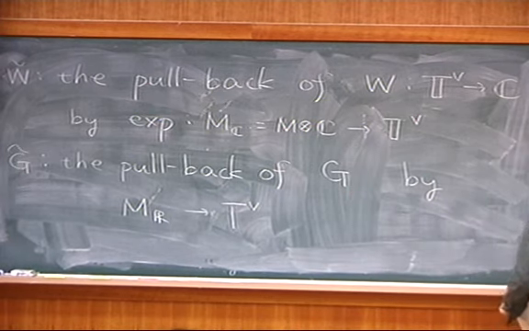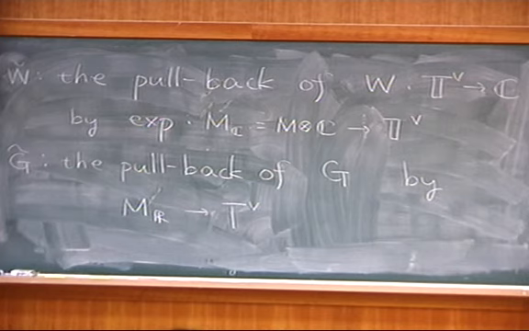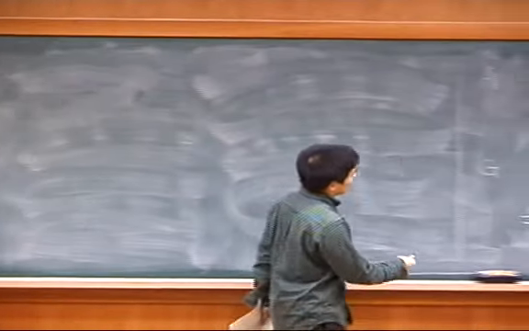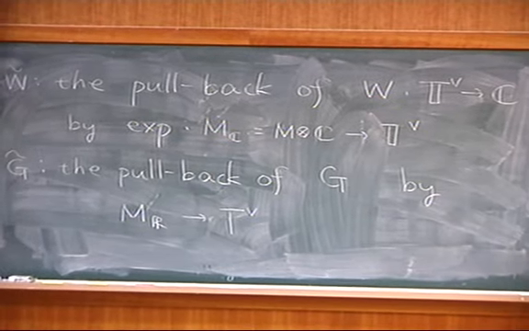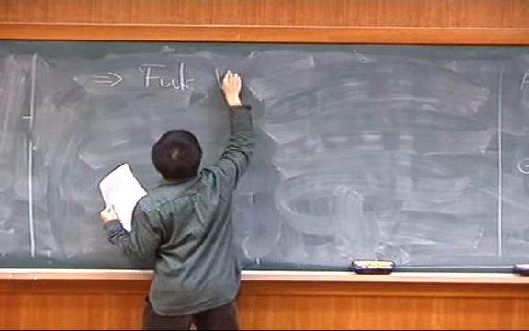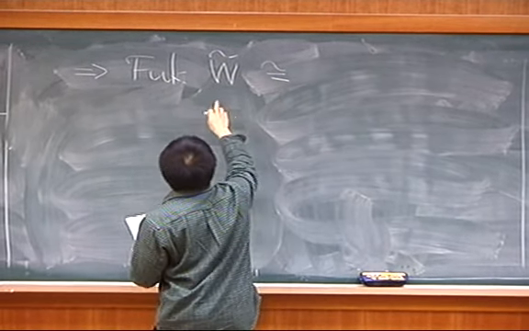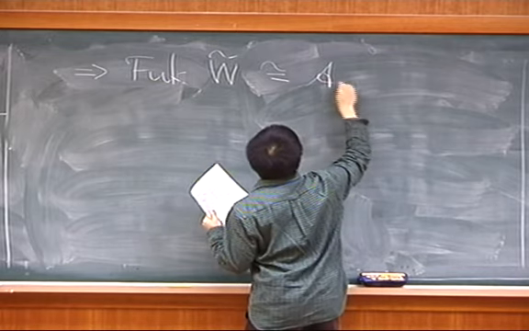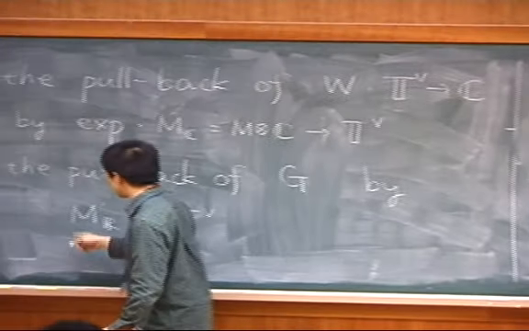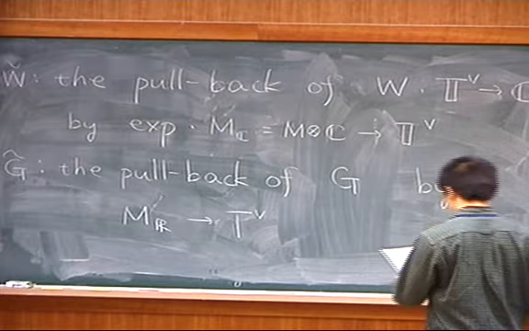Then we can associate a directed A infinity category to G tilde, and we have the equivalence between the Fukaya category of W tilde and the A infinity category associated with the pullback of G. So this is a tessellation of this vector space.